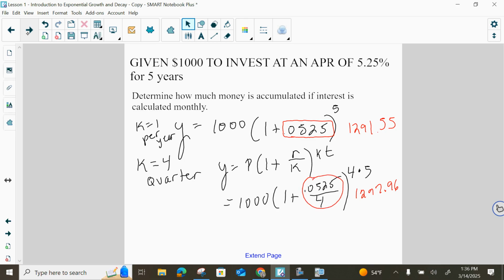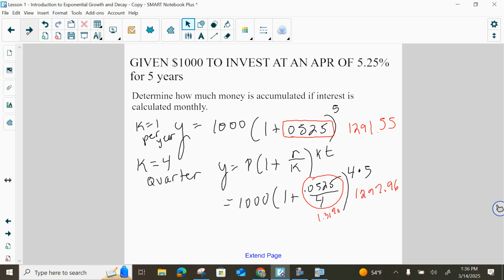So let's see what that is. 0.0525 divided by 4. So instead of getting 5 1/4 percent interest, we're getting 1.31%. So our interest rate is being cut by 1/4. Right?